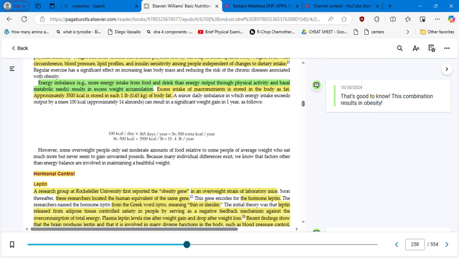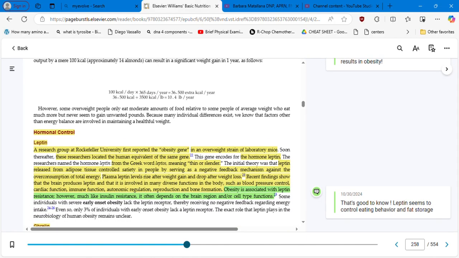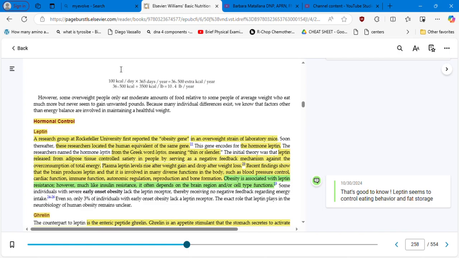Somebody that is having 200 pounds multiplied by 3,500, and there you go. Okay. So now hormonal control. Here is a very nice equation that you can use for this calculation in terms of how many calories, how many pounds, the energy intake, and the energy expenditure.